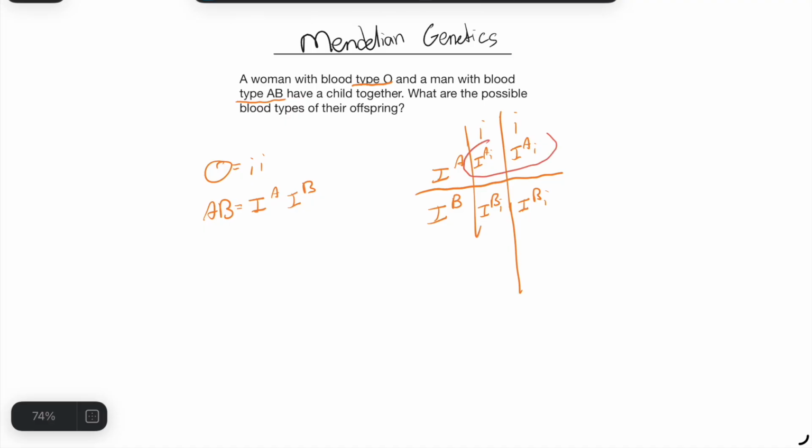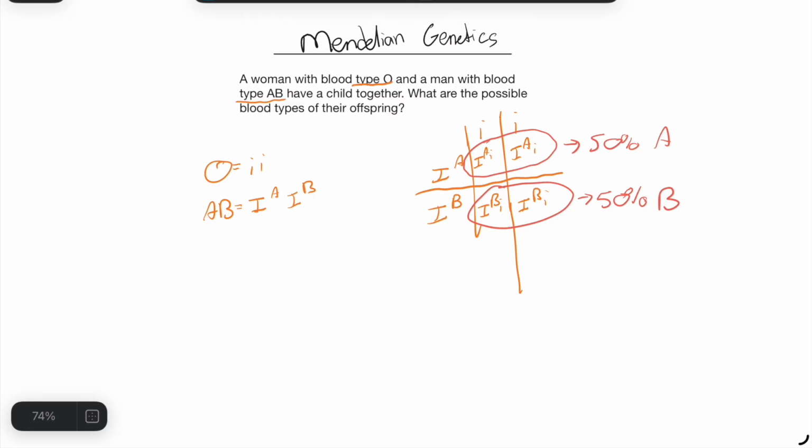We have a 50% chance of having type A blood, since we have an I^A with a lowercase i. That lowercase i is from the O, and it's going to be overpowered by the A. So that is 50% for A. And then we have the exact same thing with B. I^B is going to overpower the lowercase i, so that's 50% B.